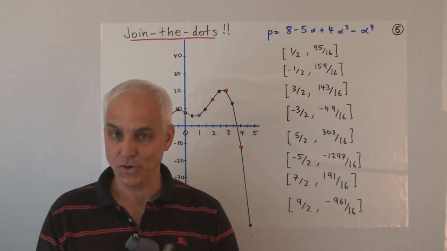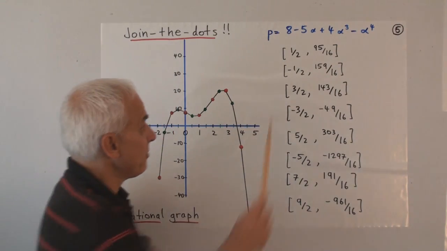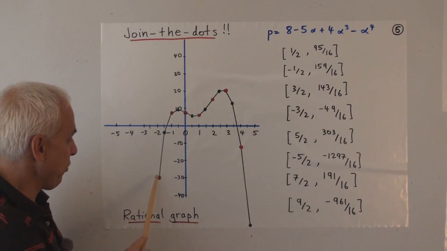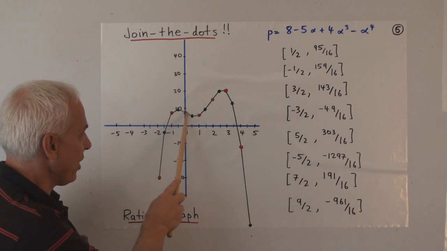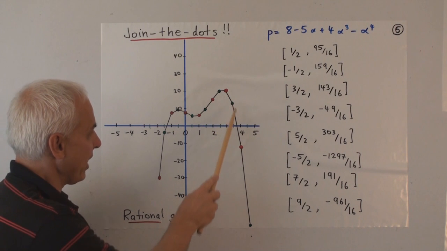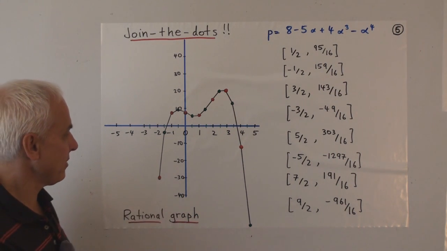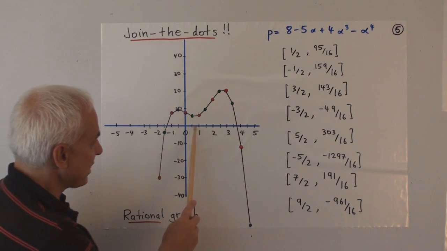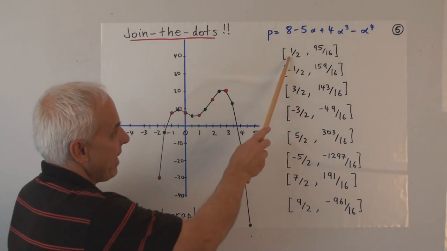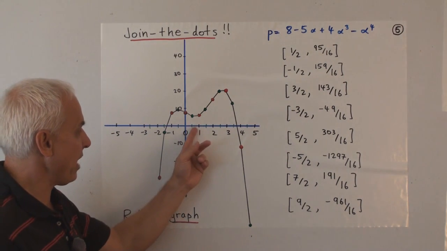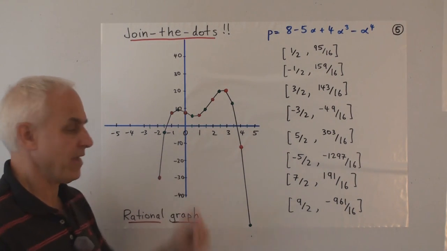So now let's have another look at our favorite polynomial, this one right here. The existing points that we have already drawn, the ones with integer values in this range, are right there. Now I'm going to add some new points, the green ones, whose x coordinates are a half, minus a half, 3/2, minus 3/2. In other words, sort of halfway between the various points that we already have.